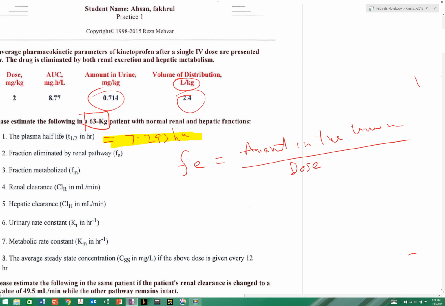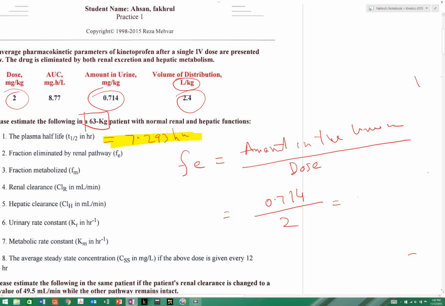So it is 0.714 divided by 2 milligram per kilo. We do not have to make those changes because this is in milligram per kilo and this is in milligram, so we do not have to take into consideration the weight of the patient.